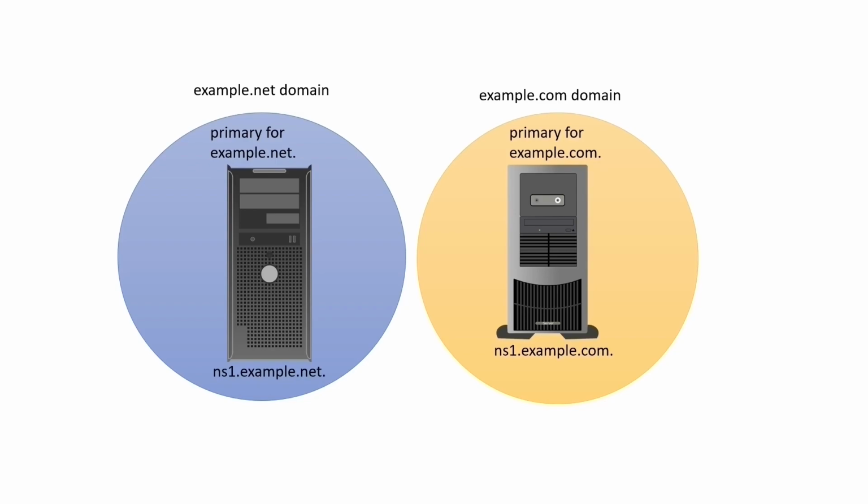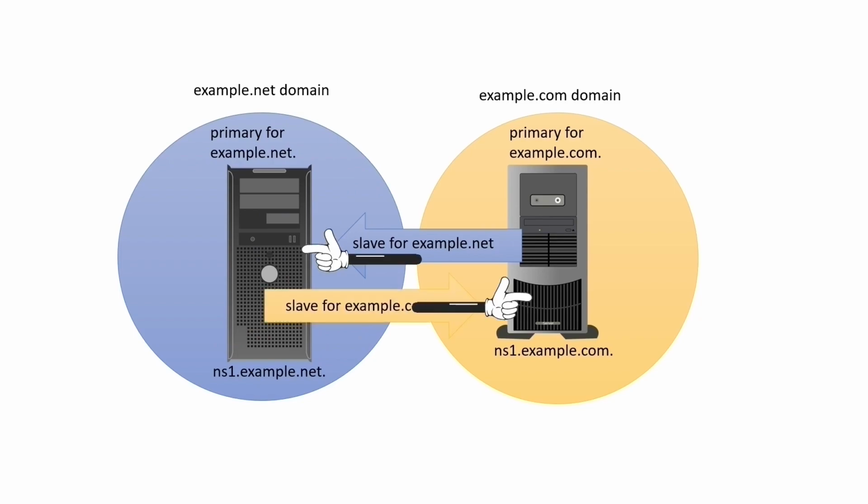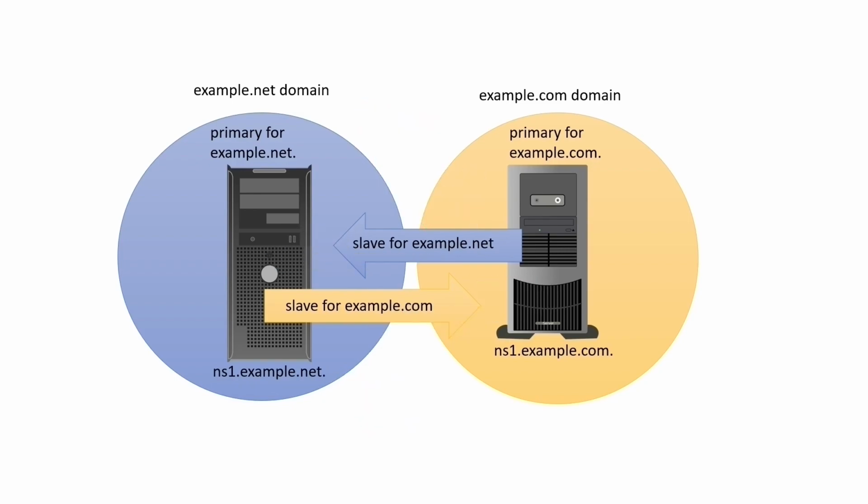We can configure the ns1.example.com name server as the backup name server for the ns1.example.net name server and the ns1.example.net name server as the backup name server for the ns1.example.com name server. This setup allows us to configure backup name servers without adding any additional name servers to the network.